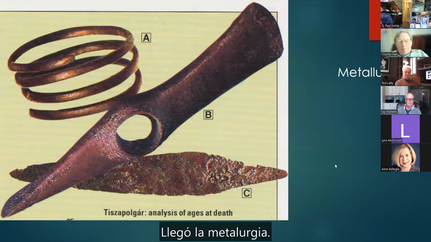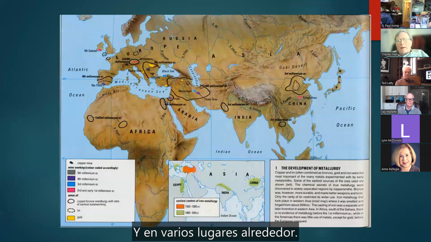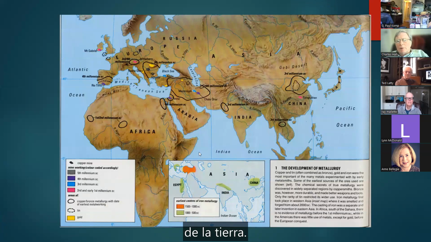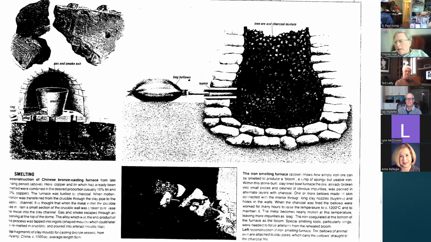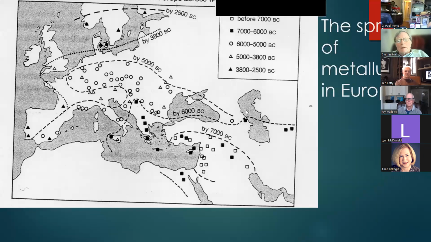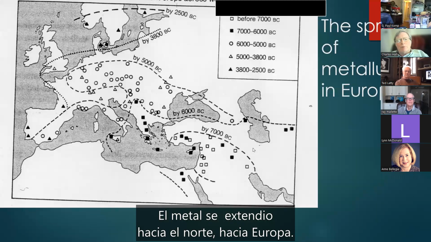Metallurgy came along in various places around the earth, and we can find ancient hearths of how they made metal, and it spread northward into Europe.